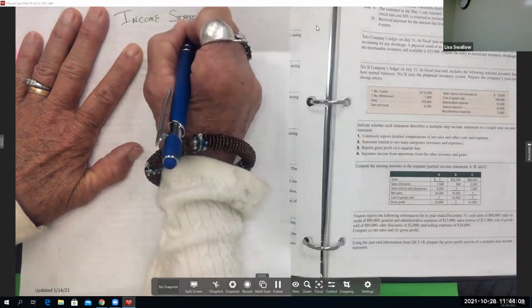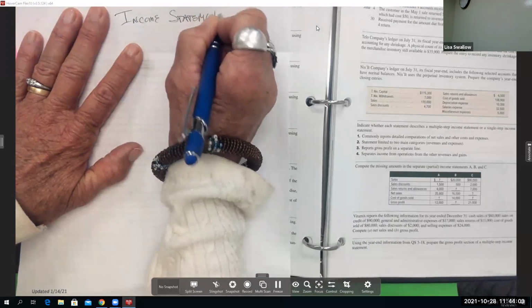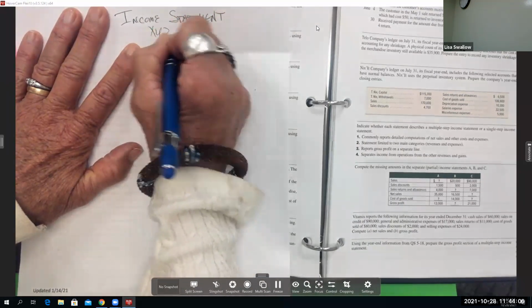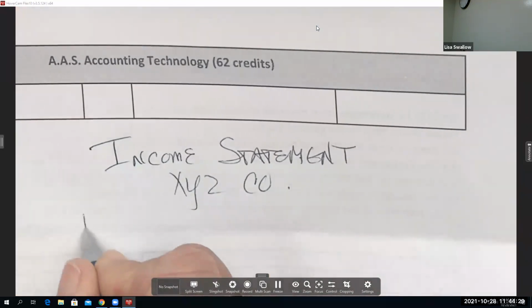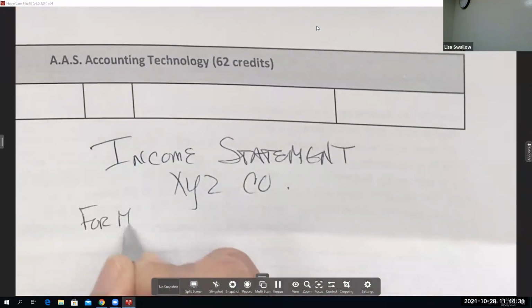So the title of the report, name of company, and the date. And for a P&L, is it a point in time or is it a period? I think it's for period. So there we go. It's for the period. So for month ending.